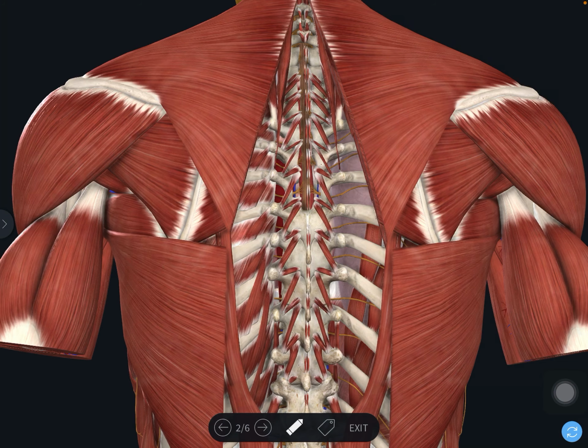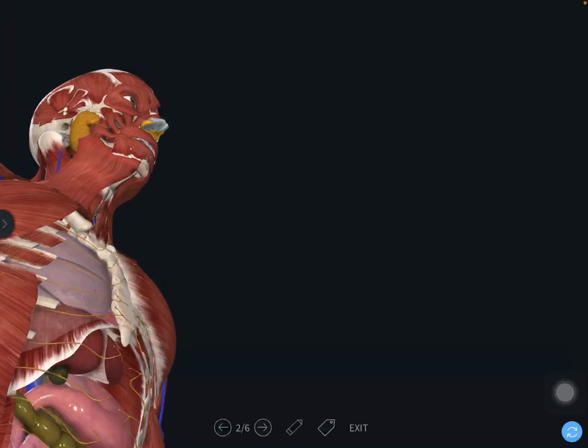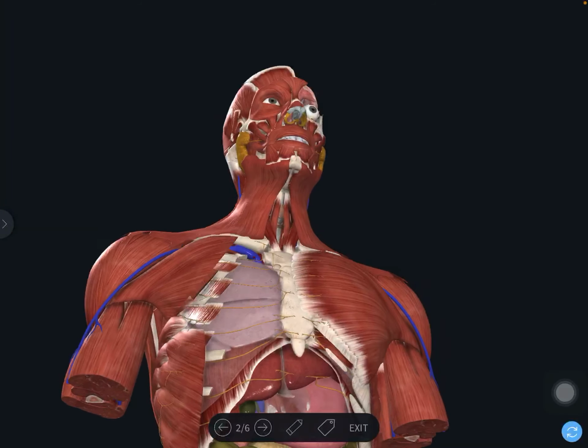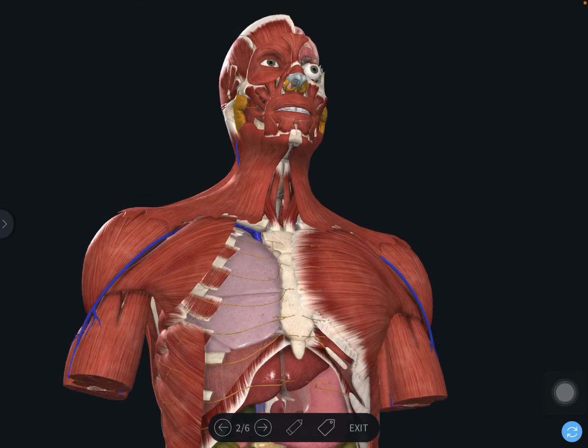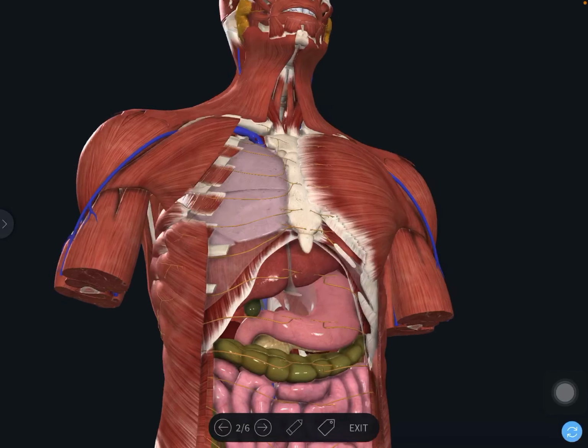7th and 11th. 7th to 11th intercostal nerves we will see. So you can appreciate, these are the lower intercostal nerves.